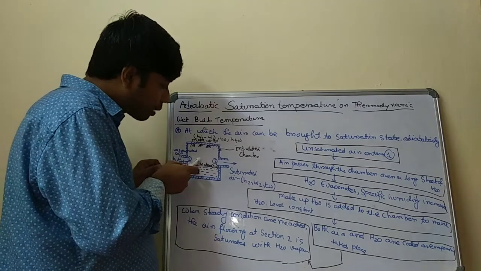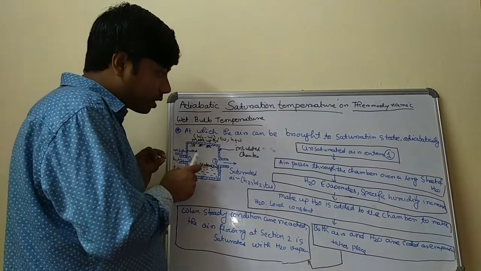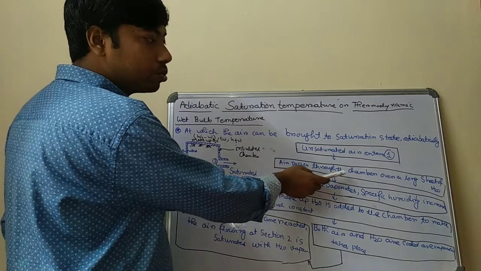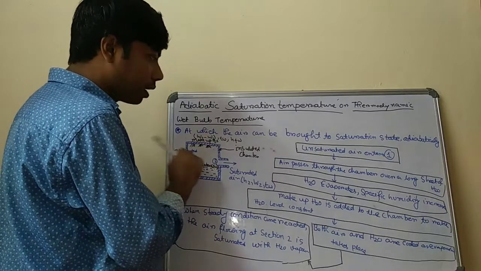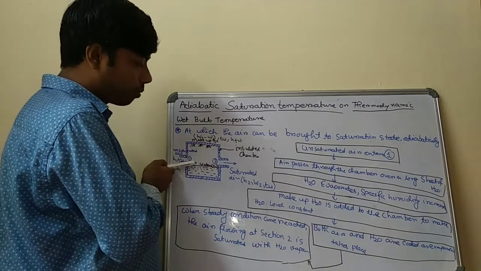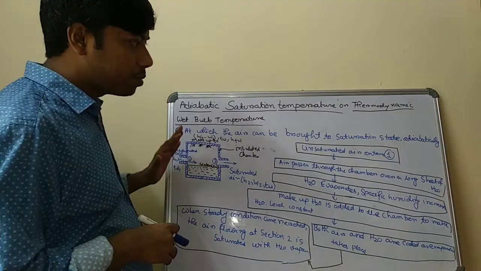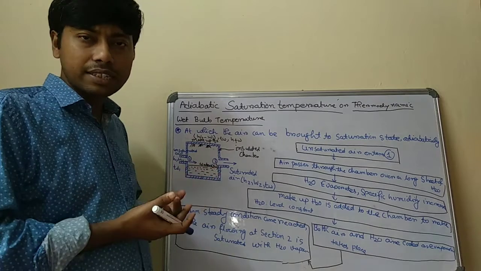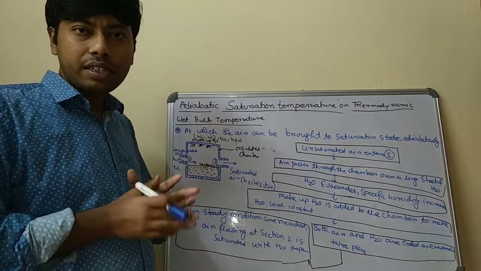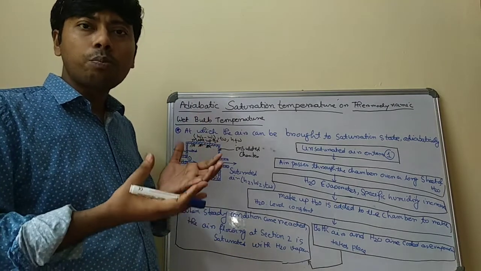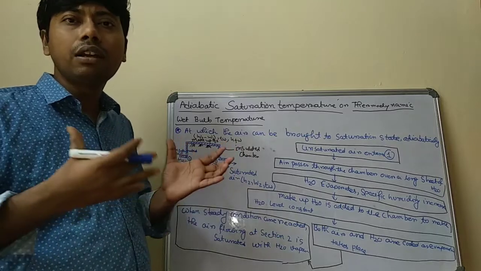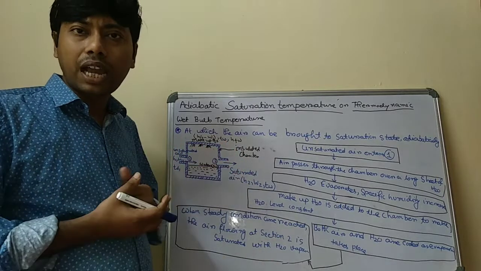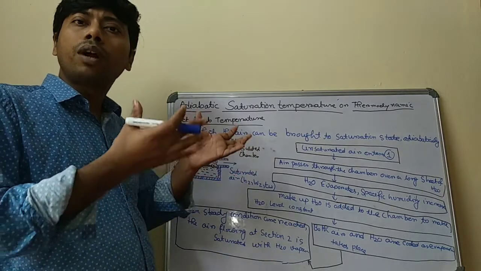Specific humidity is basically defined as the amount of water vapor present per kg of dry air. So what amount of water vapor is present?